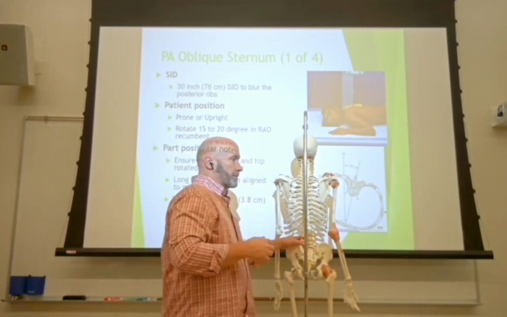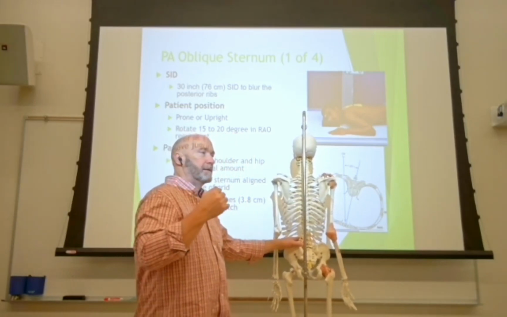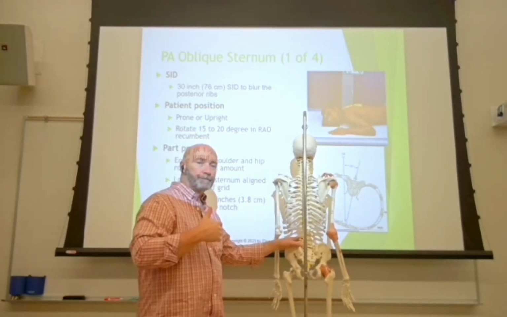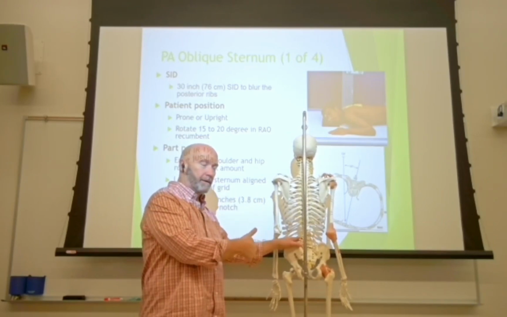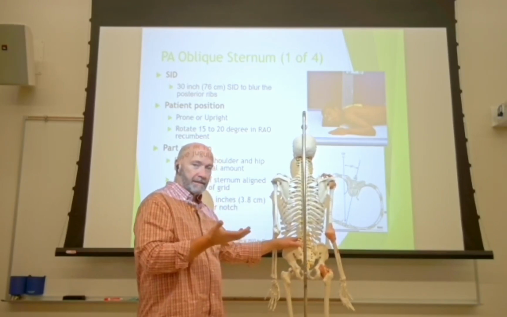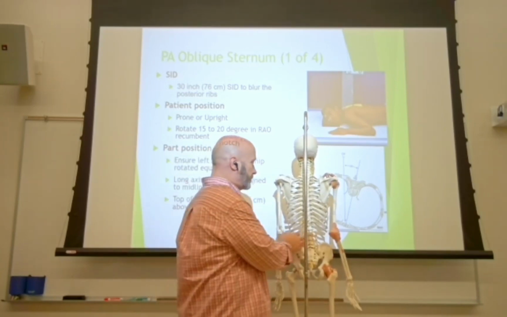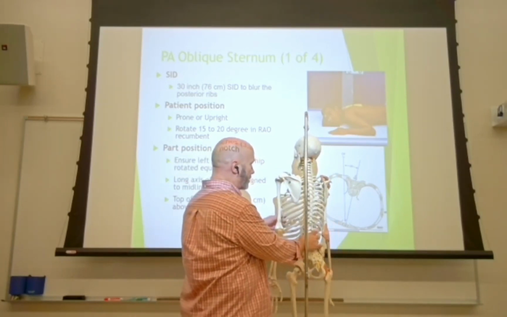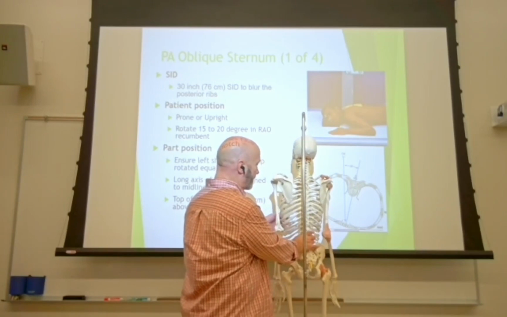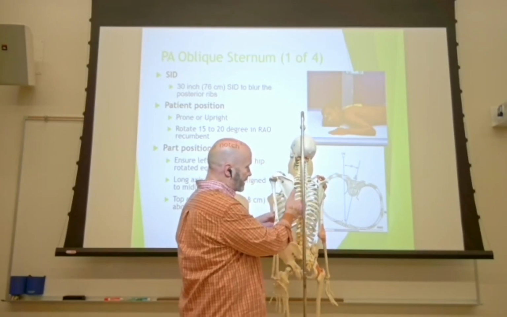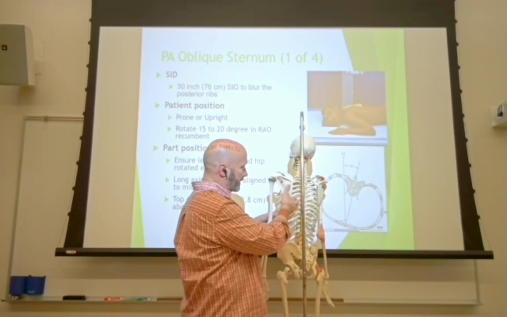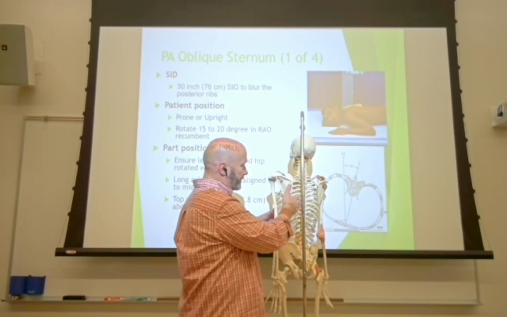So what we're going to do is actually use the density of the heart and project it onto the sternum to increase the density of the sternum. So what we're going to shoot is RAO. We're going to oblique the patient only about 15 degrees. And we're going to shoot just to the lateral side, to the left-hand side of the spine.